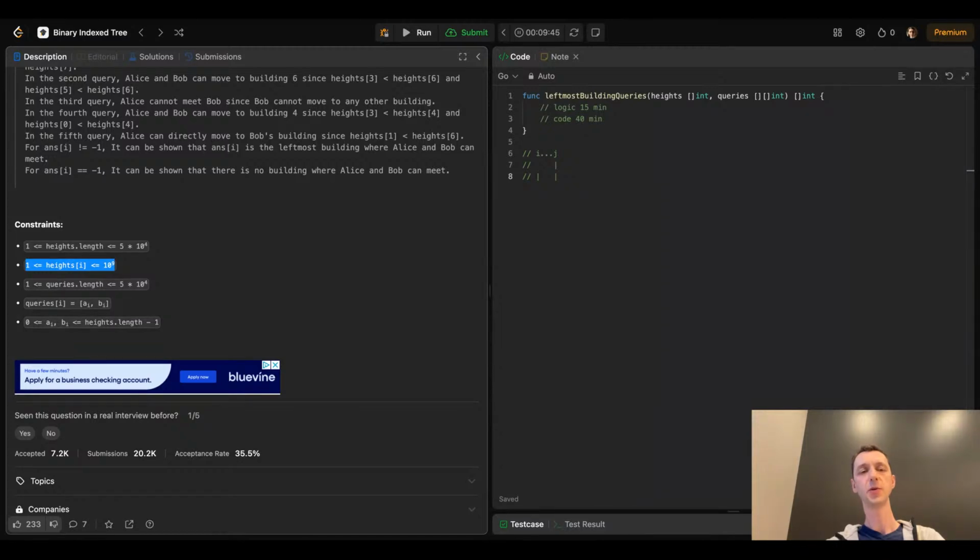Well, actually 10 to the power of 9, because that 5 will also be... Oh, wait a second. Yeah, so in the worst case it is 10 to the power of 9. Interesting.